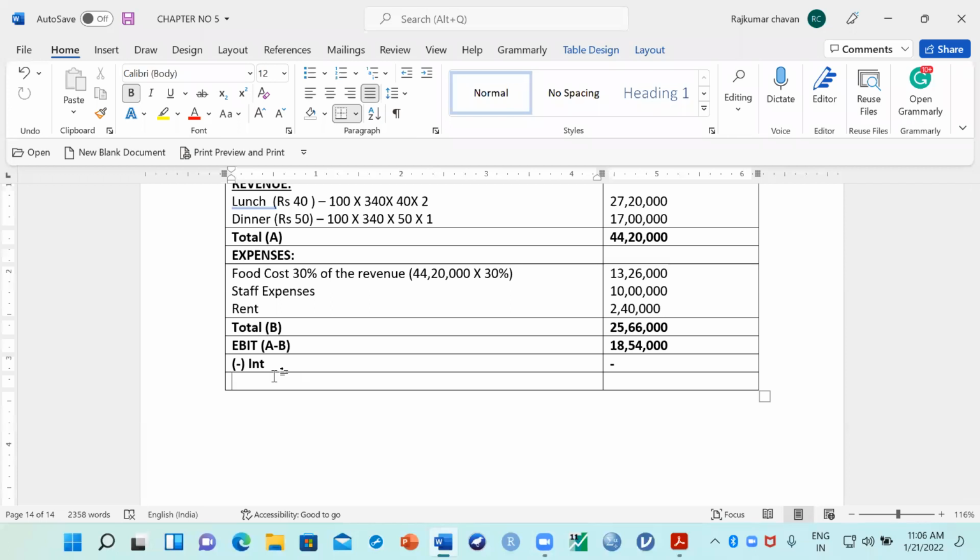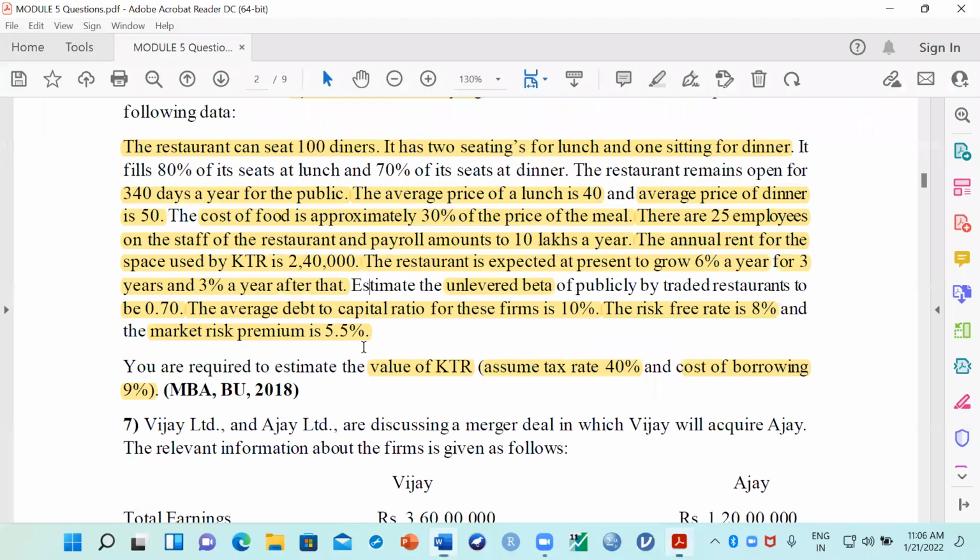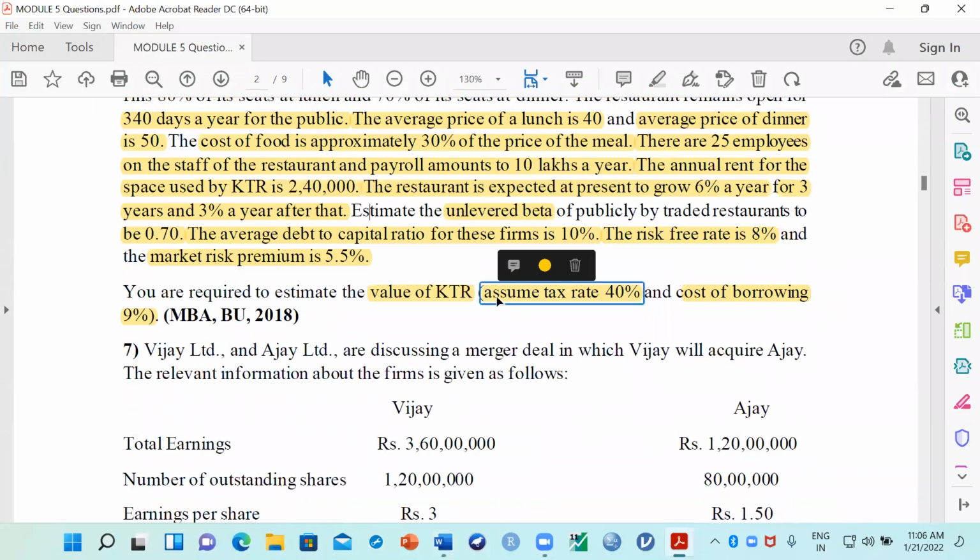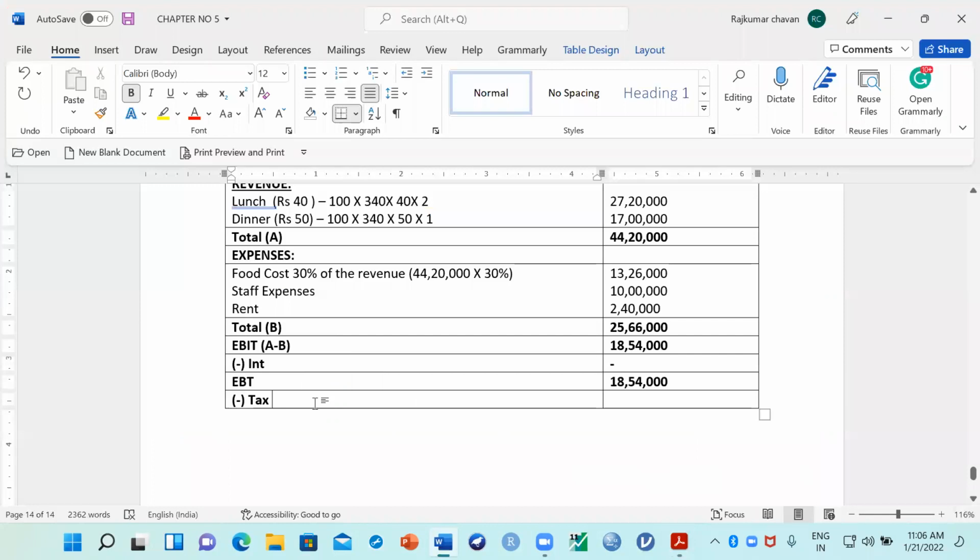Okay. So now EBT is again 18 lakh 54,000. But if it is a restaurant, they have to pay some tax. So what is the tax they are paying every year? Assuming the tax rate is how much percent? 40% is the tax. Okay, so calculate now.